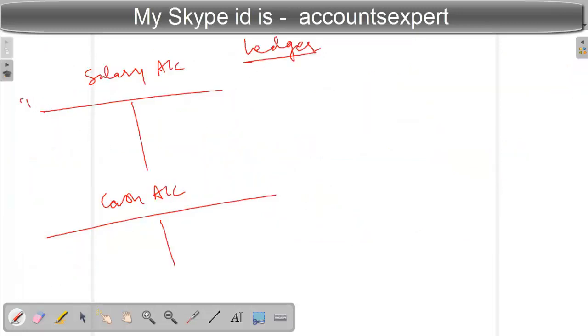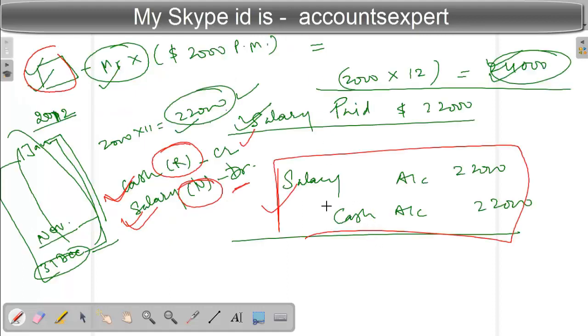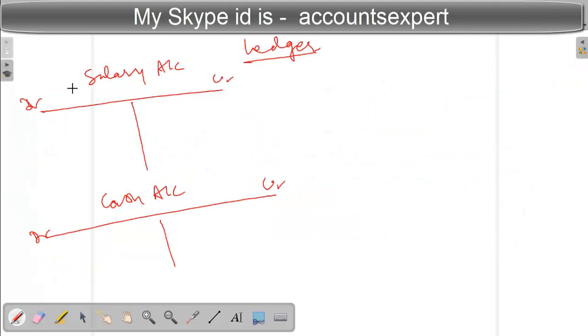This is the debit side and this is the credit side, and in the cash account also there is a debit side and a credit side. As the salary account is debited with 22,000, I make the posting on the debit side, 22,000, and write the name of the opposite account, which is cash. So this is the posting in the salary account.